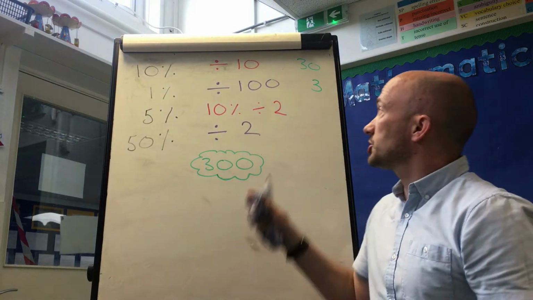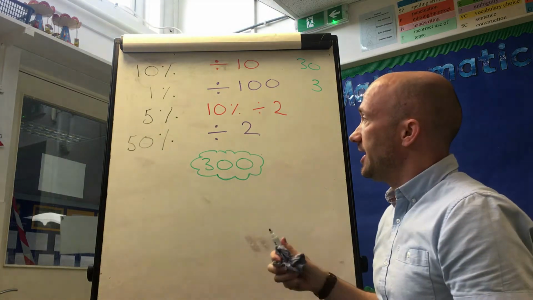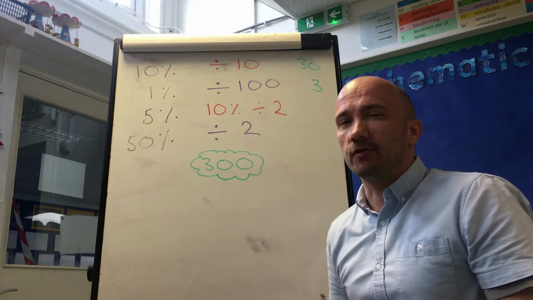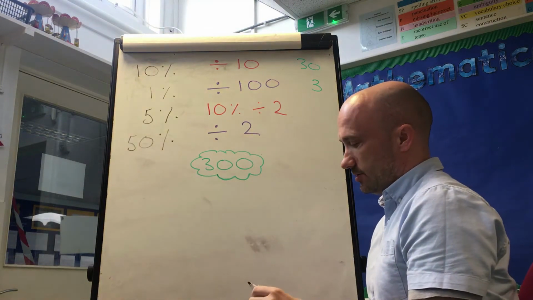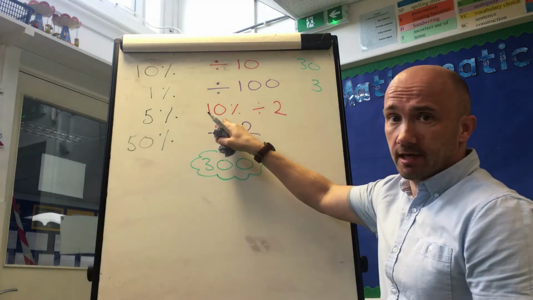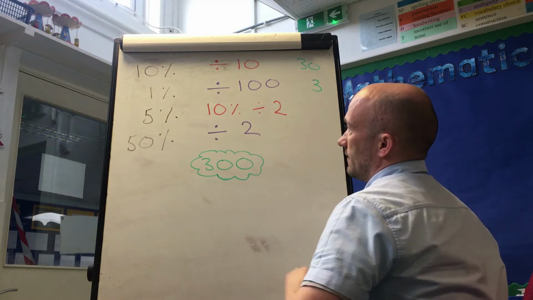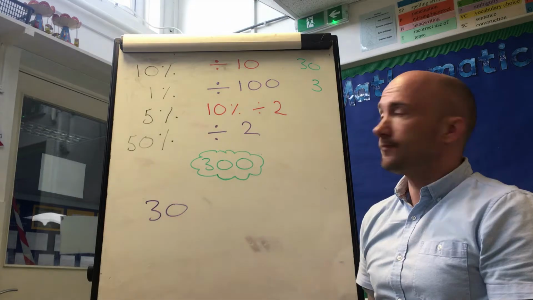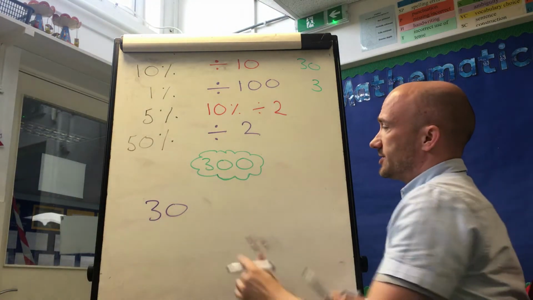Now, actually, with those two percentage answers, I should be able to find any percentage that I want. But I can do just a couple others which might help me as well. So to find 5% of a number, if I already know what 10% is, and we've worked that out already, it was 30, all I need to do is half that number, and that will give me the answer to 5%.